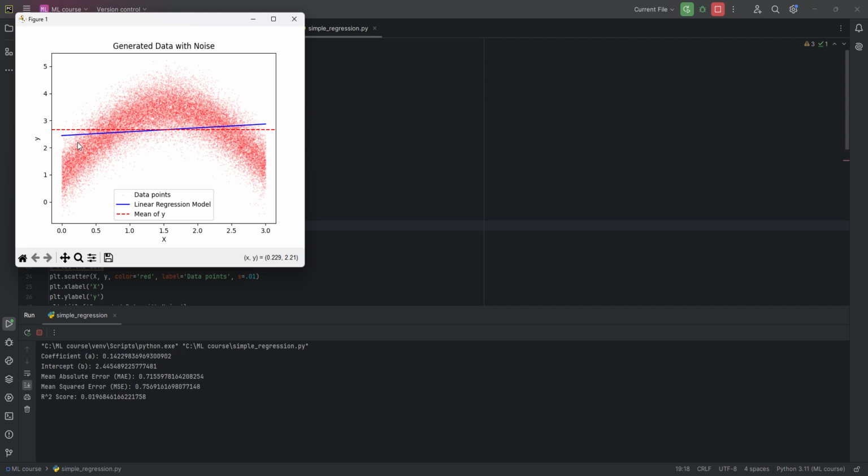If the ground truth is compatible with a linear function, then the linear regression is appropriate. But as we saw here, if our ground truth is something else, then the linear regression is not appropriate, and then we need to find other regression models that can fit a better model to our data.